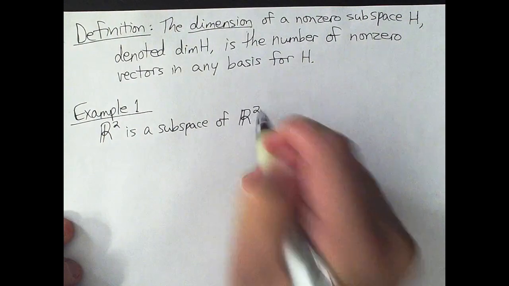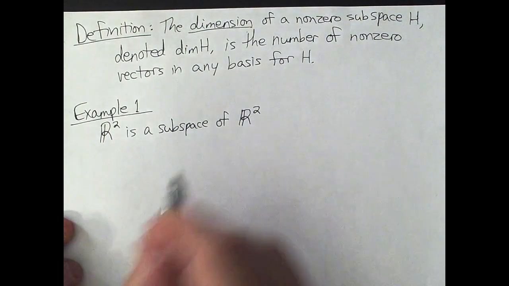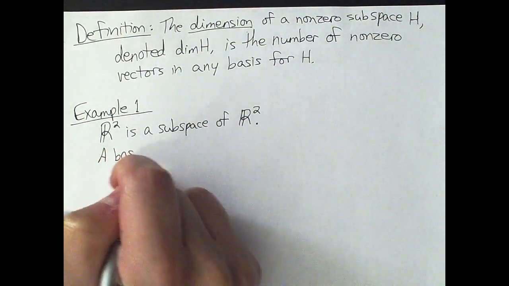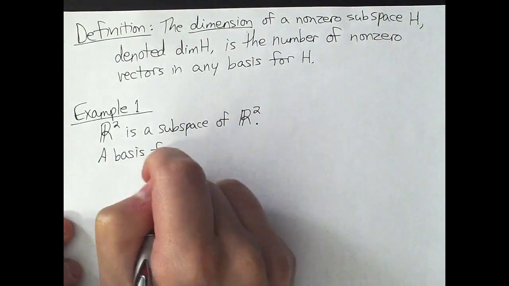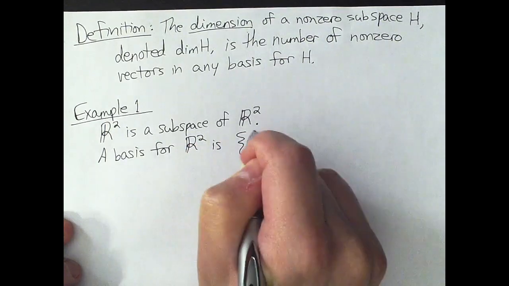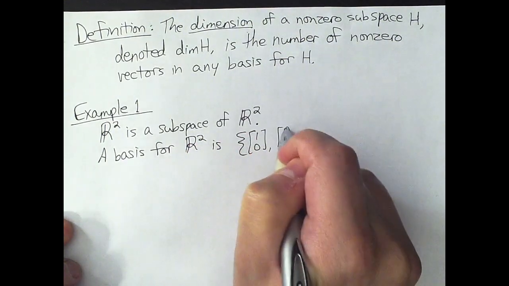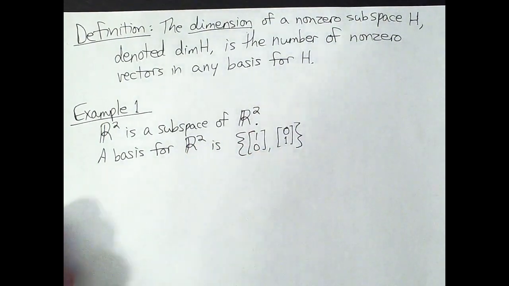It's a subspace of R2. A basis, I'm not saying the basis, I'm saying a basis for R2 is this set of vectors here. We've talked about this. We could prove that. It's a linearly independent set and it spans R2.